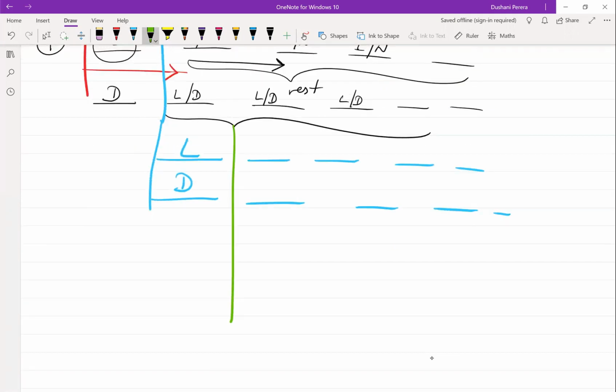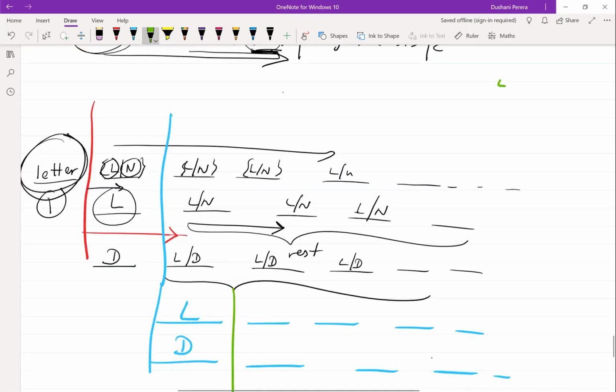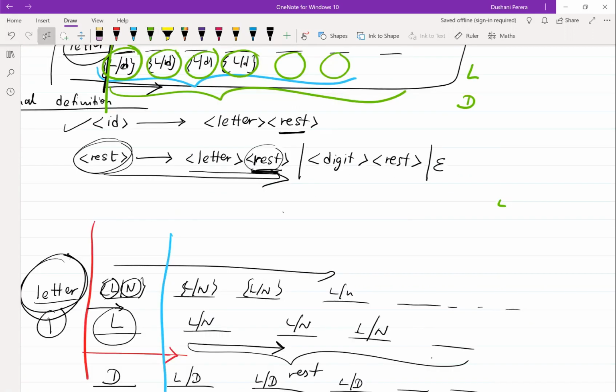You break over here, you put a letter over here, you go on, put a digit over here, you go on. Got it? So however many times you have the rest, you can keep on translating or repeating the same rule and getting derivations. Got it?